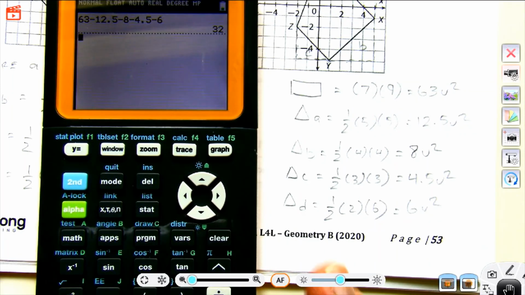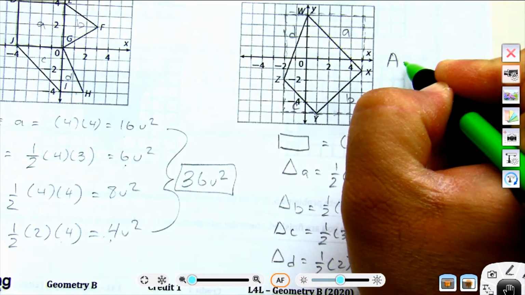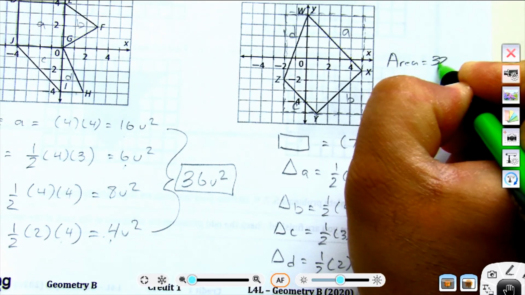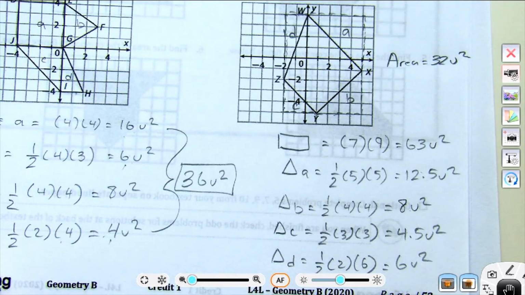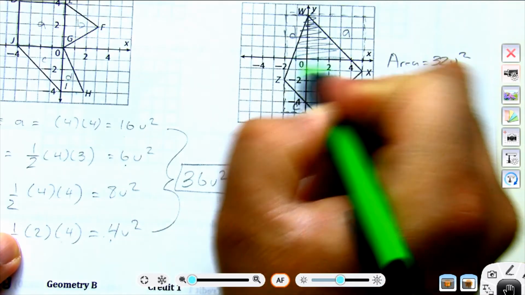So I'll put our final answer here. The area of the composite figure is equal to 32 units squared. And that's the area of this figure here.